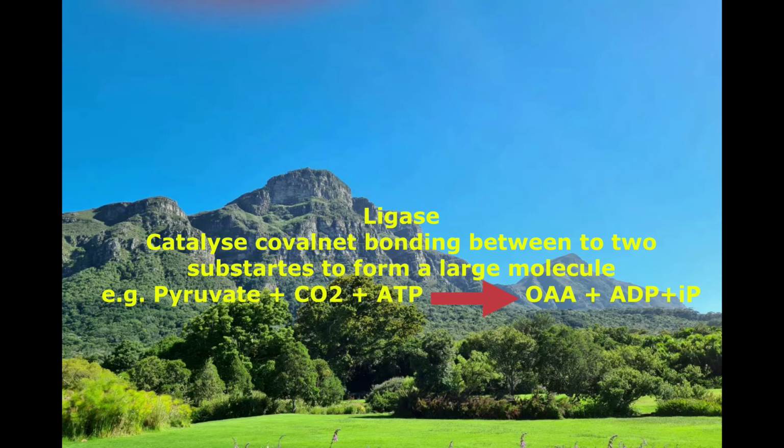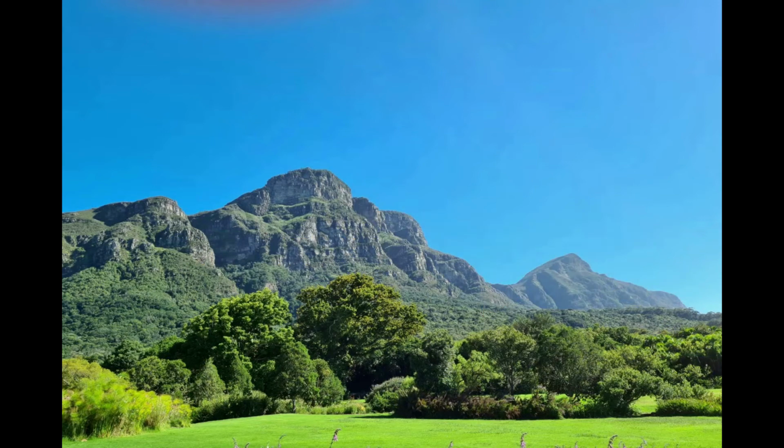Pyruvate carboxylase combines pyruvate and carbon dioxide to form oxaloacetate at the expense of ATP. So pyruvate plus CO2 plus ATP, with pyruvate carboxylase, produces oxaloacetate plus ADP plus inorganic phosphate. So these are the different classes of enzymes.